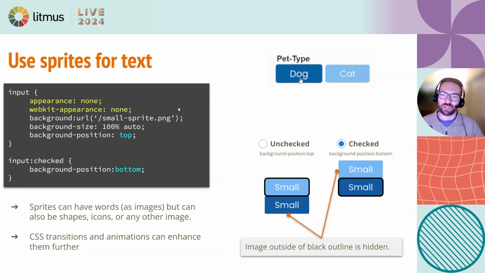And then when you interact with that element, we change the background position to the other part of the image, and then it changes the background, or honestly, whatever you'd like. It's an image, so it can be anything you want in these sprites. But the main bottom line with sprites is it's a background image, and you change the position in order for it to have a new state when it's checked or unchecked.